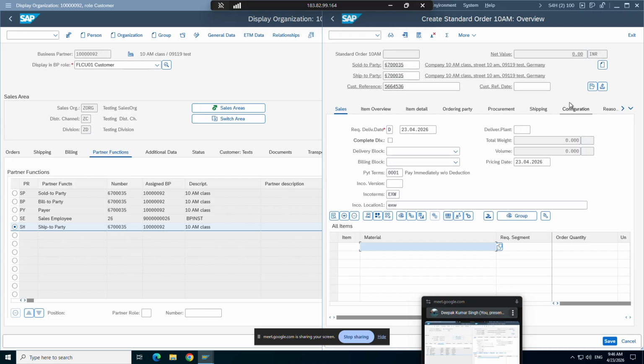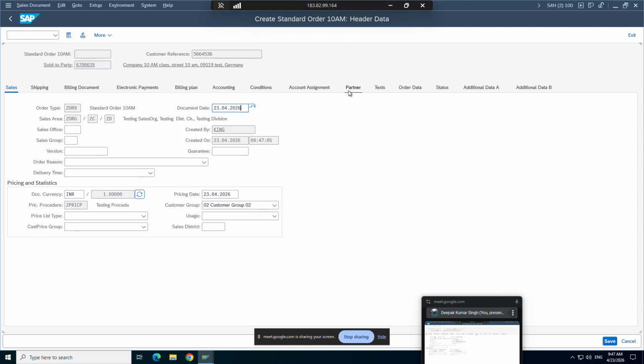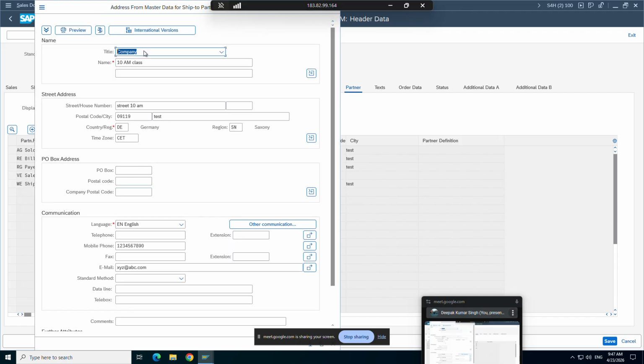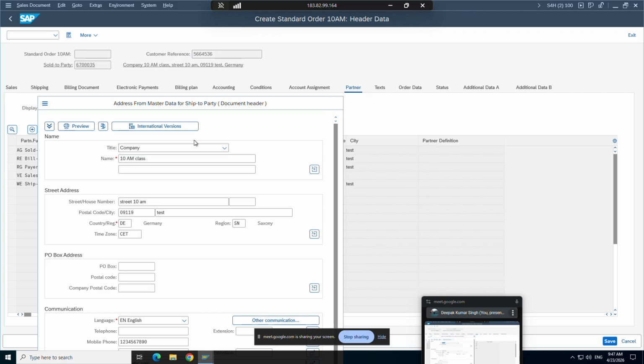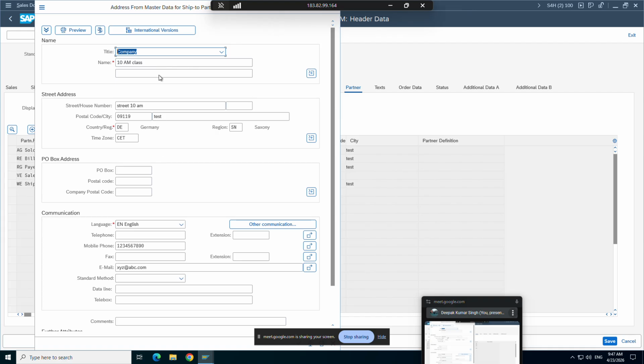The other way is when you create the order. See, I'm creating a sales order. I will go to the header, let me expand it, and go to partner. Now you see ship to party. I will double click on this line. You see this pop-up comes.